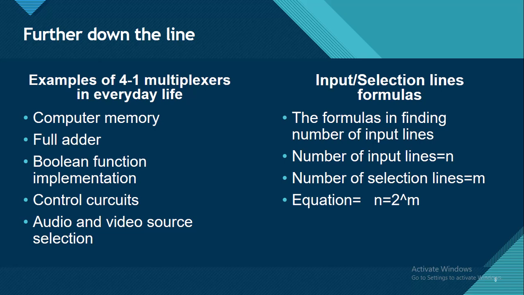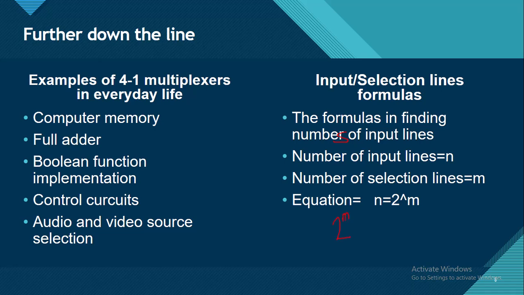Now let's see the input and selection lines formula. The formula for finding the number of input lines: number of input lines is equal to n, number of selection lines is equal to m. So to know the number of input lines, the formula is n equals 2 raised to the power m.